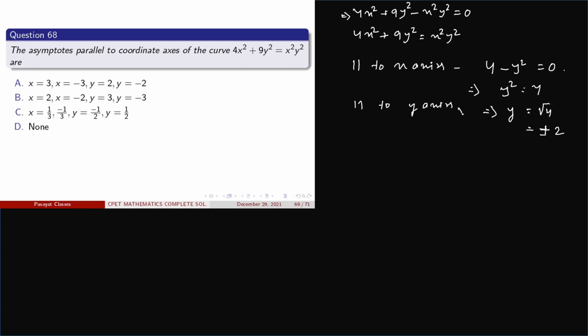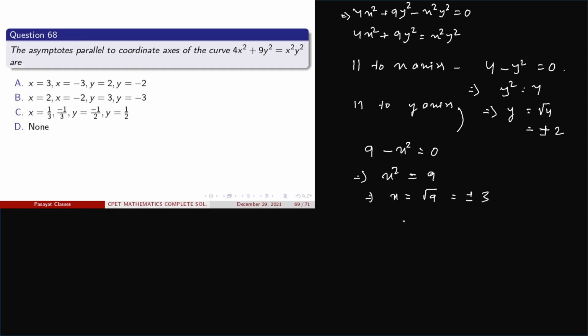Similarly, for parallel to the y-axis, we have to equate the coefficient of the highest power of y to 0. So here the highest power of y is y square. So finally the coefficient is 9 minus x square is equal to 0. And finally x square is equal to 9, or x is equal to root 9, which is plus minus 3.